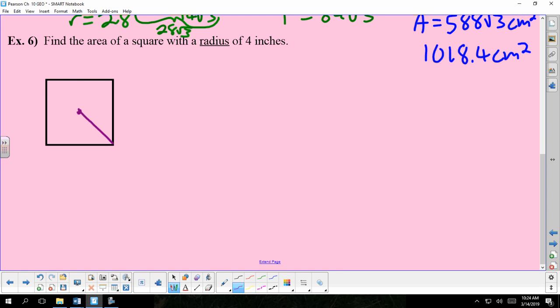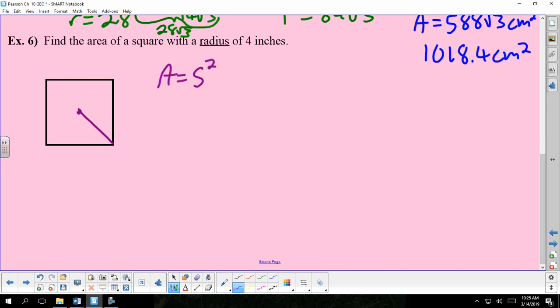I want to discuss 3 different ways to find the area of a square. Since a square is a parallelogram, we can do base times height. So the area, since the base and the height of a square are the same, is just the side length squared. We also know that a square is in fact a rhombus.